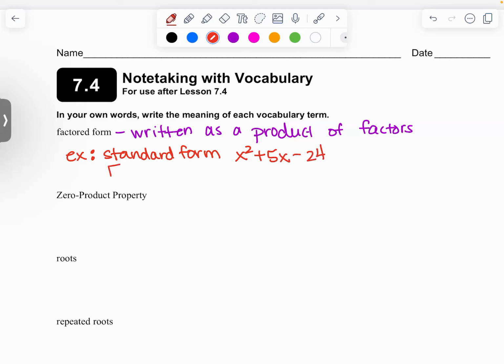But in factored form, we're talking about a product of factors. So I'm writing it as 2 things multiplied to each other. So the factored form is like what you started out with in your warm up, and the standard form was the answer in your warm up.